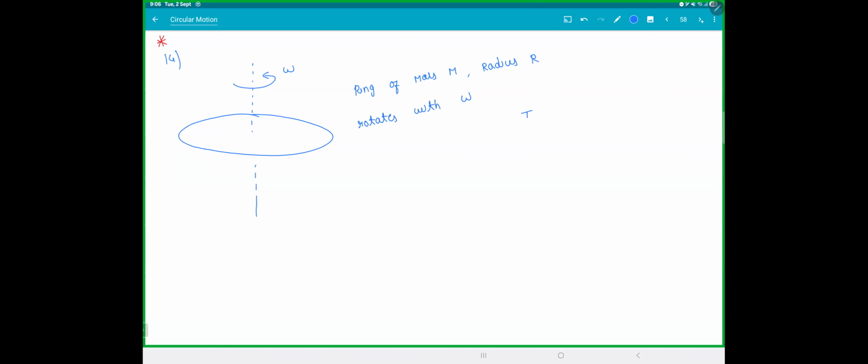Now, if you look at this in the top view, when the ring is rotating with omega, you will observe at every segment there is a small centrifugal force, dm omega square r. That means this ring is being pulled apart in all directions. The centrifugal force will try to stretch the ring.